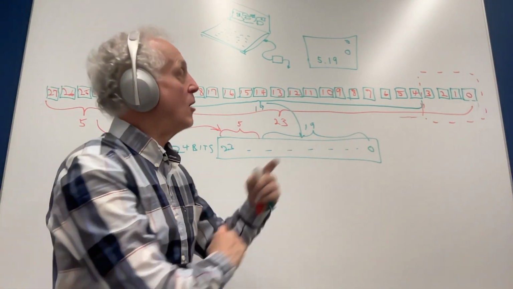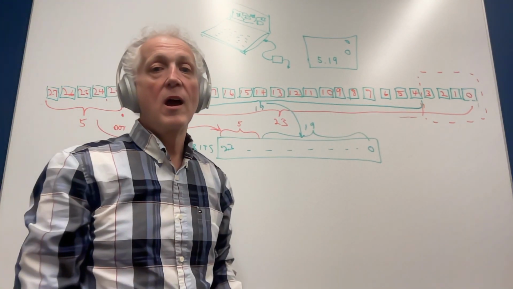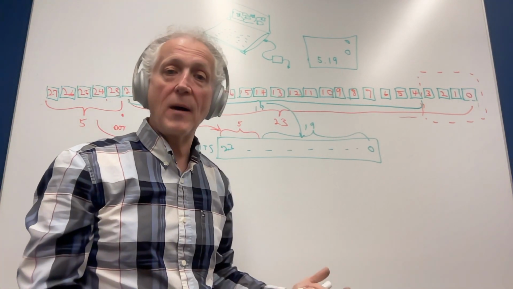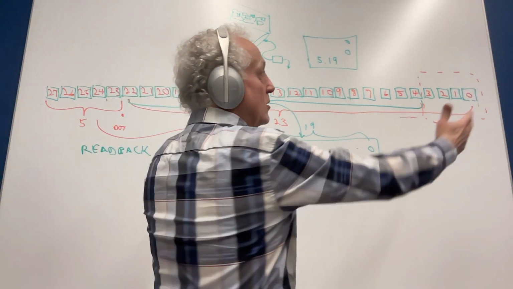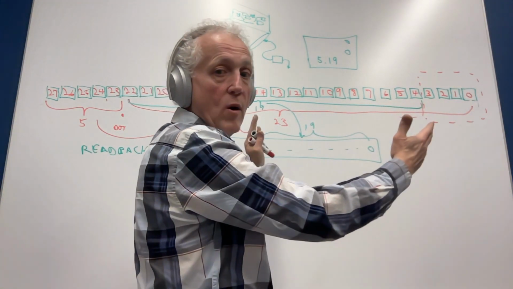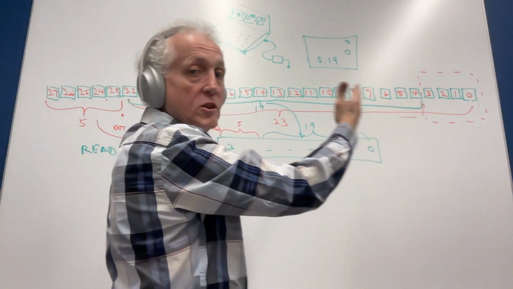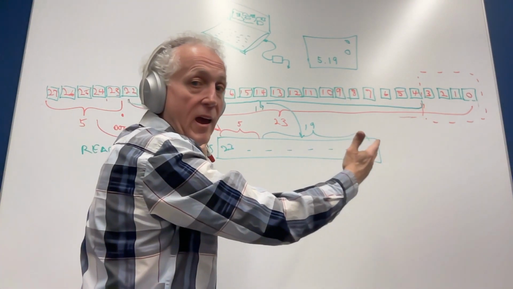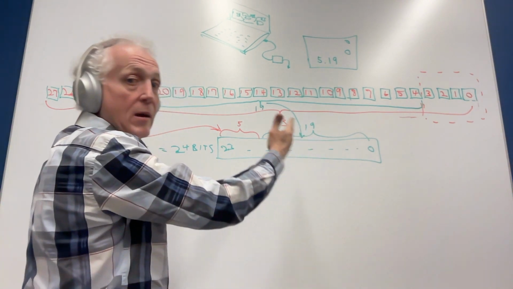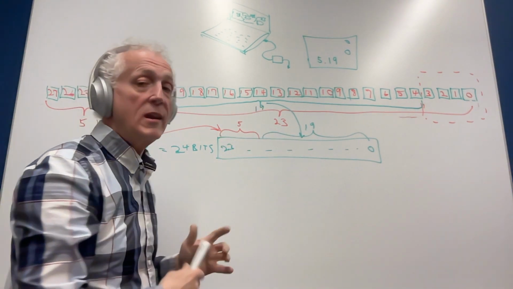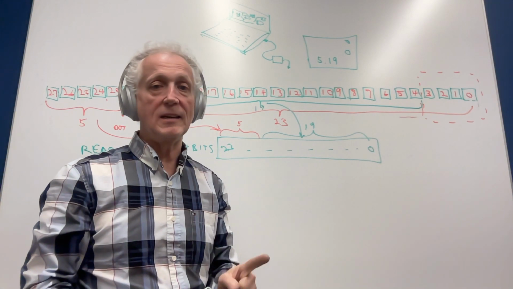And so how do you shift the bits over? Well, you multiply by the base. In this case, it's base 2. So if you multiply by 2, we're going to shift over one bit. Multiply by 4, we shift over 2 bits. Multiply by 8, we shift over 3 bits. Multiply by 16, we shift over 4 bits. So we need to multiply by 16.